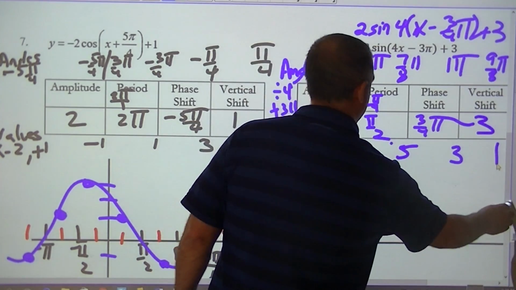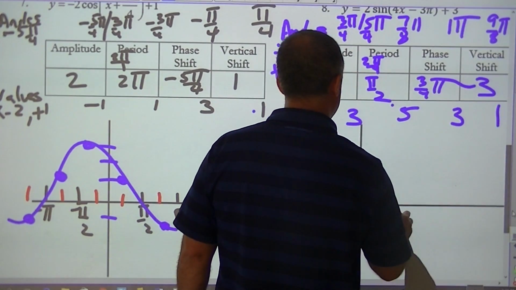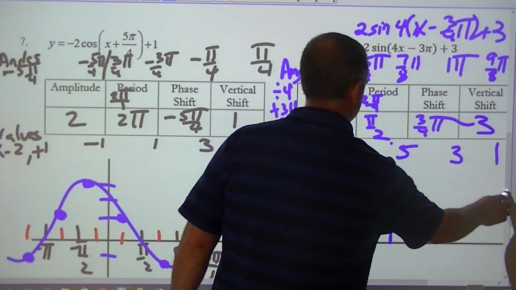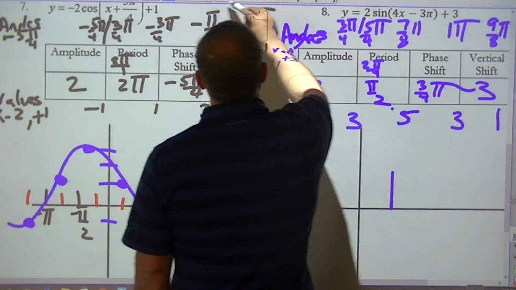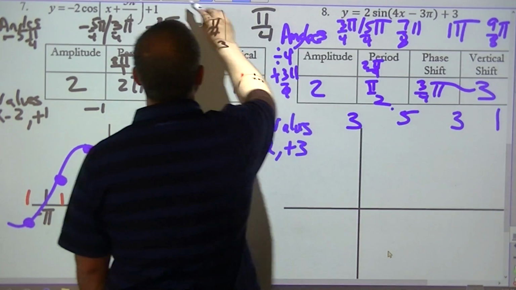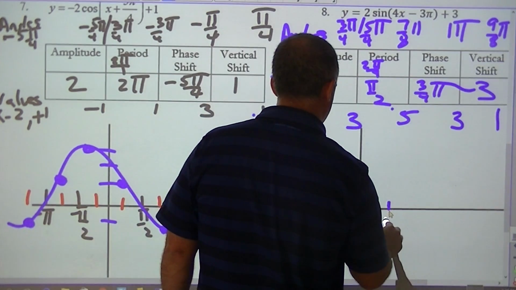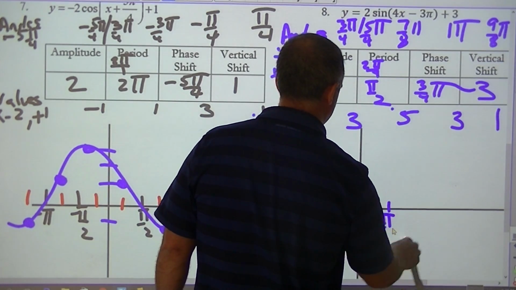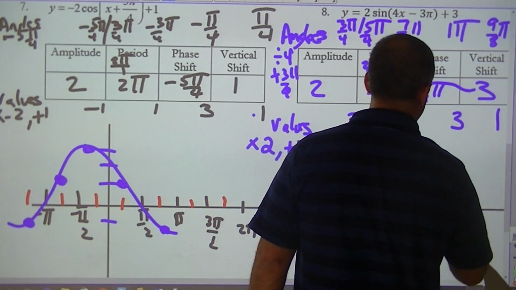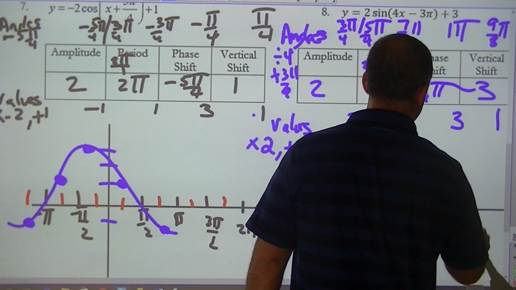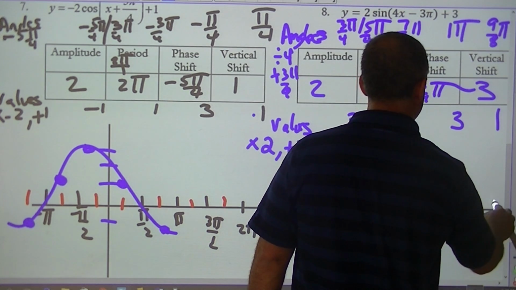Okay, so to graph that, I have pi over 2, pi, 3 pi over 2, and 2 pi.